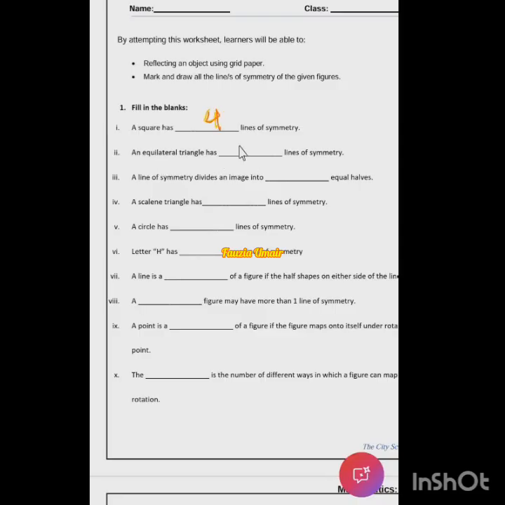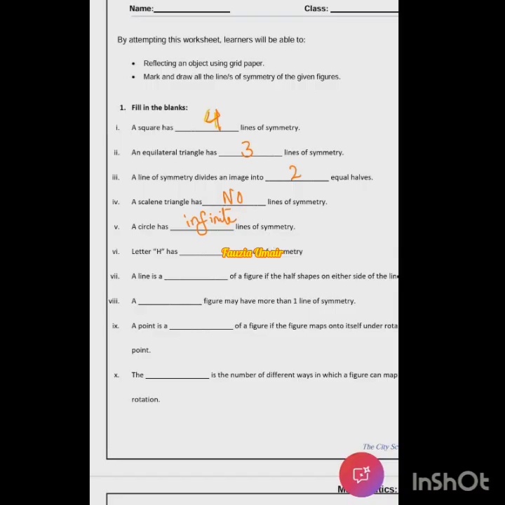Three. A line of symmetry divides an image into two equal halves. A scalene triangle has zero lines. A circle has unlimited lines of symmetry, infinite or unlimited. That's right.